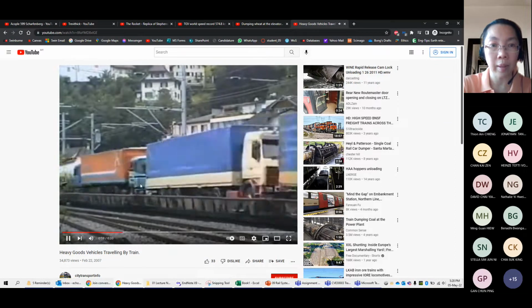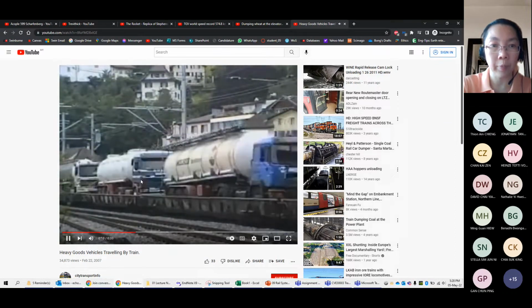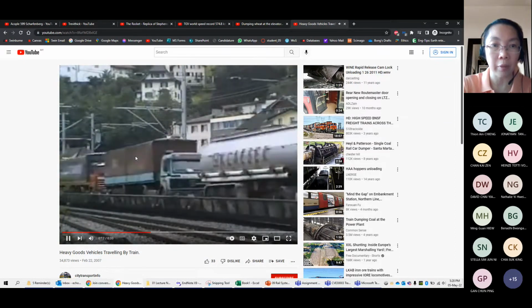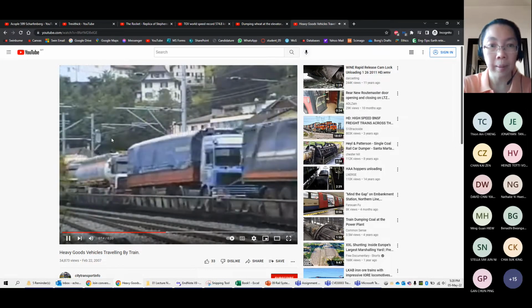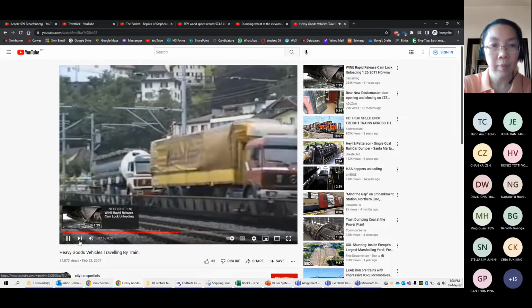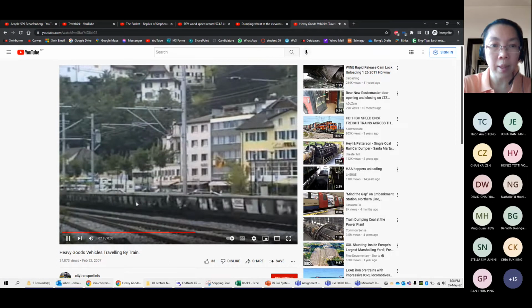So you see different items being carried because of the wagons. These are empty ones.